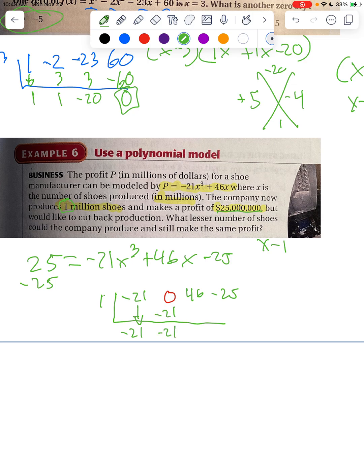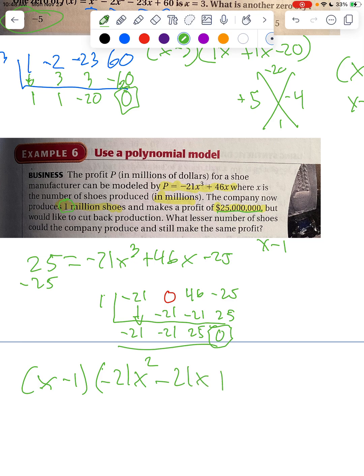This is going to be 25, and that gives me 0, which is nice. So I take these numbers and plug them in. I already know x minus 1 is a factor. And now I have negative 21x squared minus 21x plus 25.